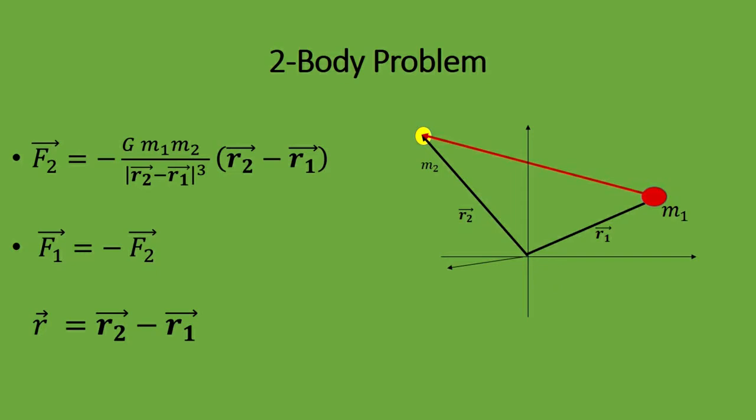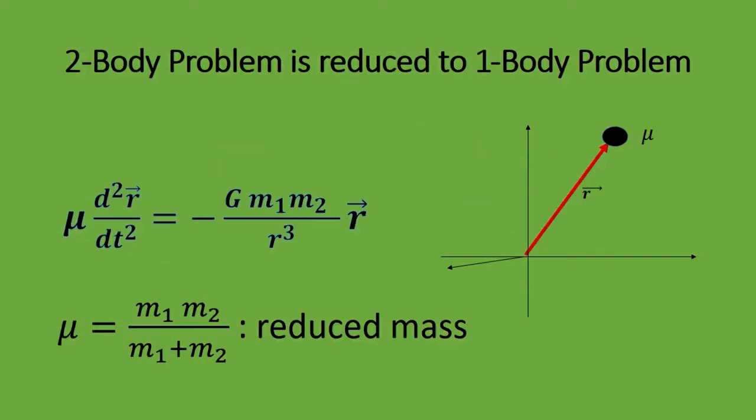Now there are two forces in the problem, action and reaction forces, and what is important is the vector that's connecting mass 1 to mass 2, which we call vector r, equal to position vector r2 minus position vector r1.